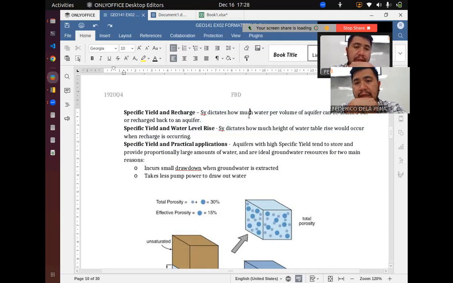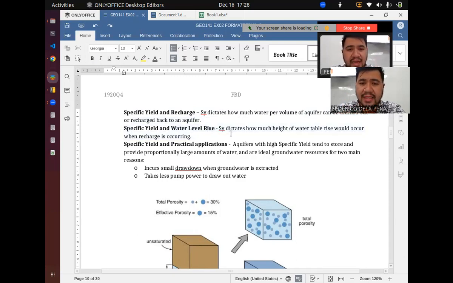It implies that you have more water available for extraction if you're doing water wells or aquifer rehabilitation, and a lot more water can be stored in the aquifer.